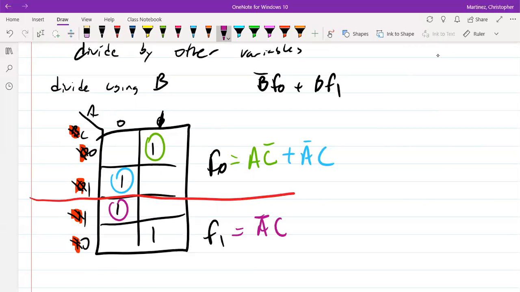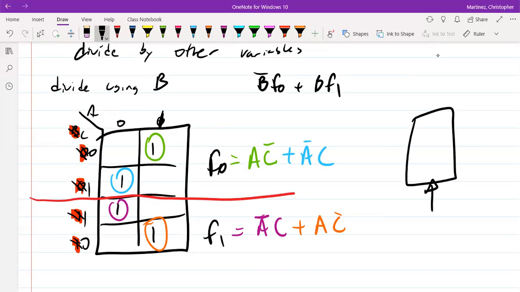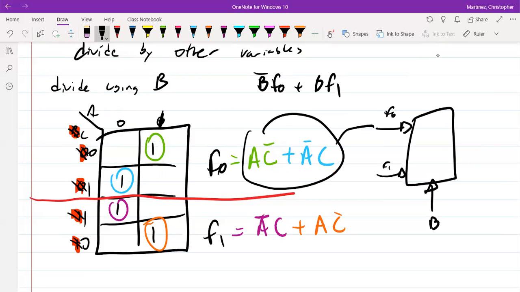So that's why it's C. And then the last one will be, or, A, C bar. And if I wanted to put it into that mux, well, the mux has B as the selection. The top part is the F0, the bottom part's the F1, so the top part will be getting this piece, the bottom part getting that equation. And that's how I could do it as a 2-to-1 mux.